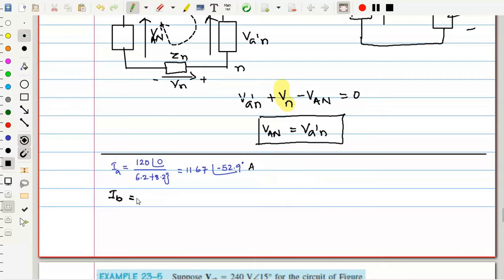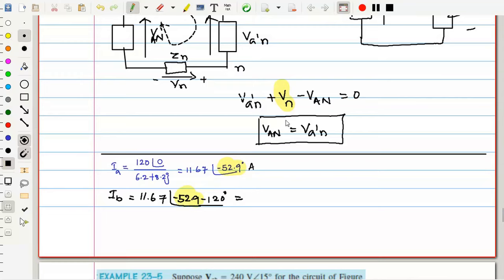IB is equal to the same magnitude as IA, which is 11.67, but the angle is 52.9 minus 120. See how I am writing. Previously I used to write the first one as 0, the second as minus 120, the third as minus 240 or plus 120. Here, whatever angle is there for A, I will carry forward as it is, and apart from that I will put minus 120. This gives the B phase current in a simple way.